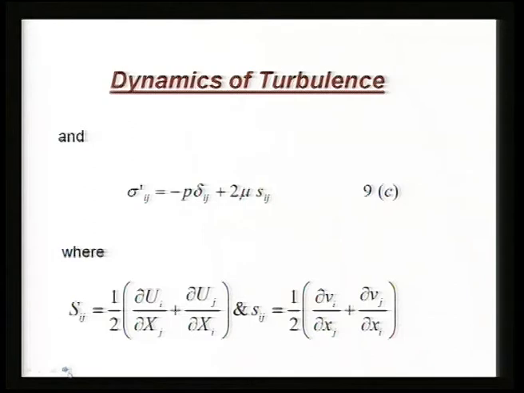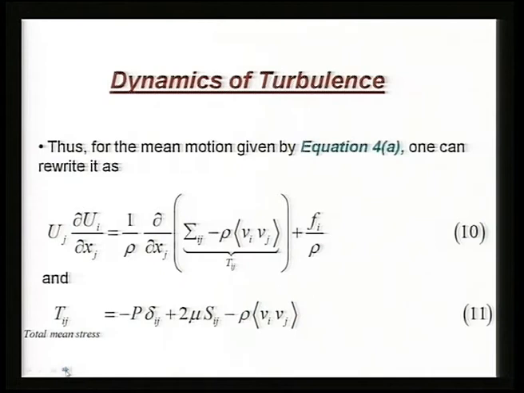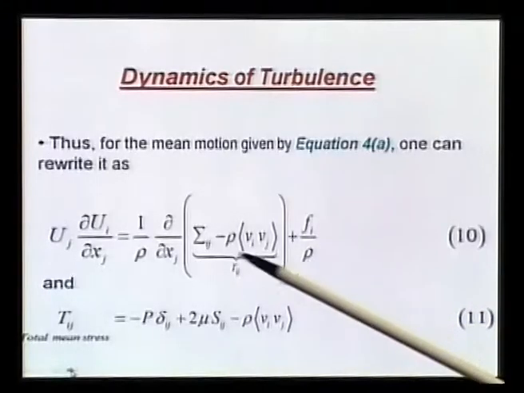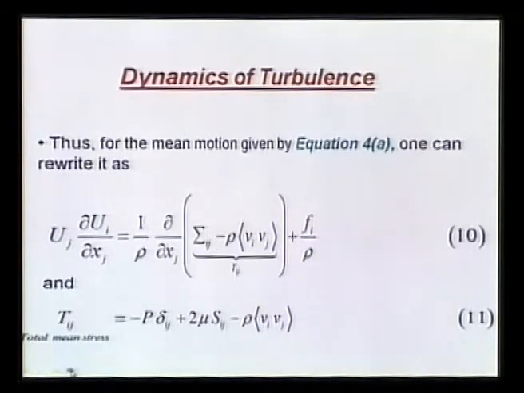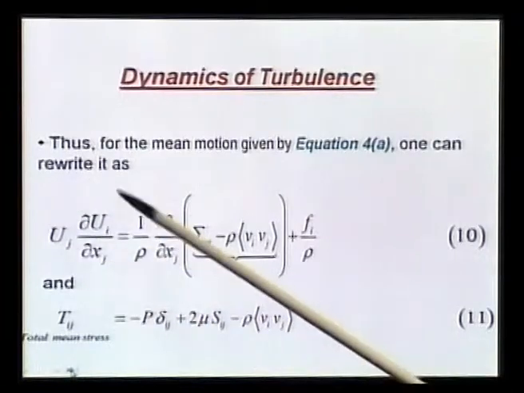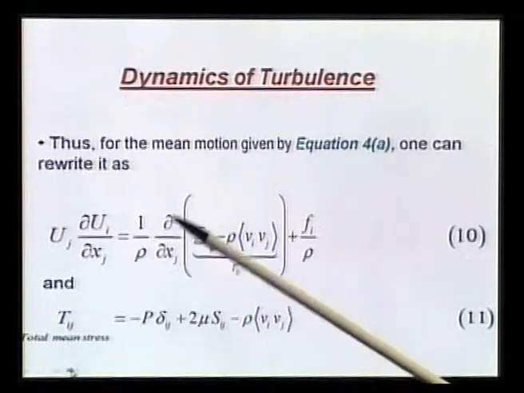Now, what we need to do, having done that, is write down the mean equation, the Reynolds average Navier-Stokes equation, also in this particular form. So, this is your convective acceleration equal to 1 over rho.